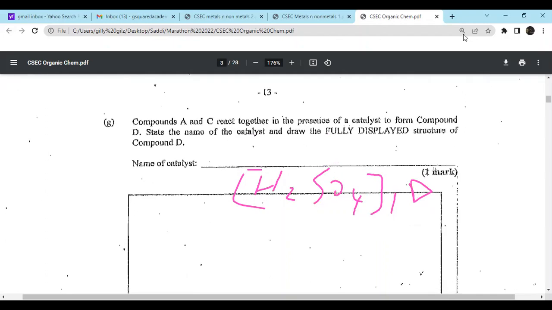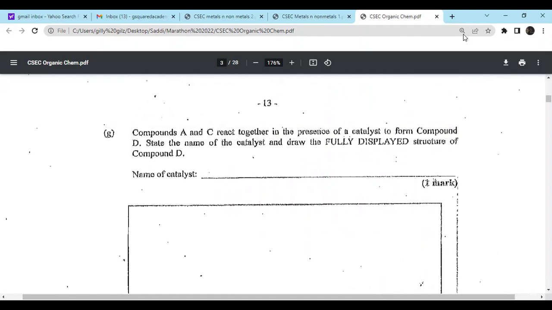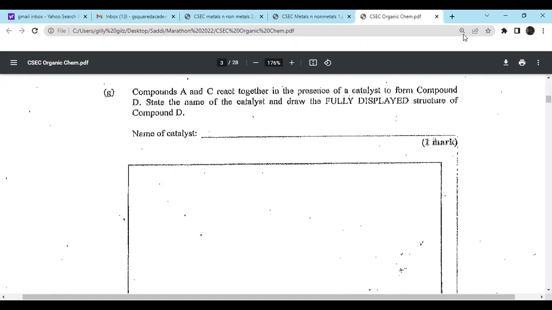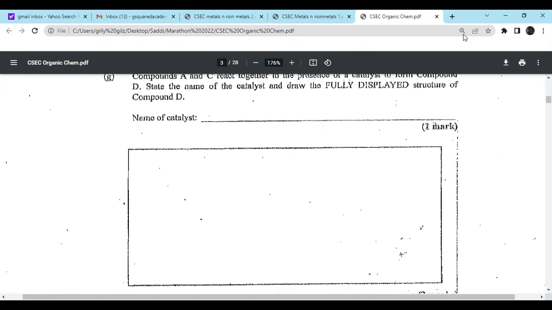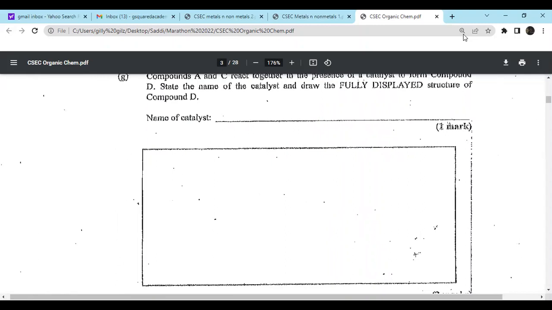Now, when they react, you are going to get an ester. Acid plus alcohol gives you ester. What they want you to do now is to draw the structure of the ester. Now, when you're drawing the ester, you need to remember the thing. Acid portion drawn first, named last. Acid drawn first, named last. So your acid was propanoic acid.